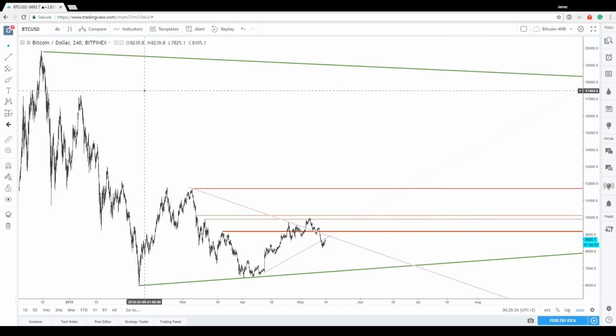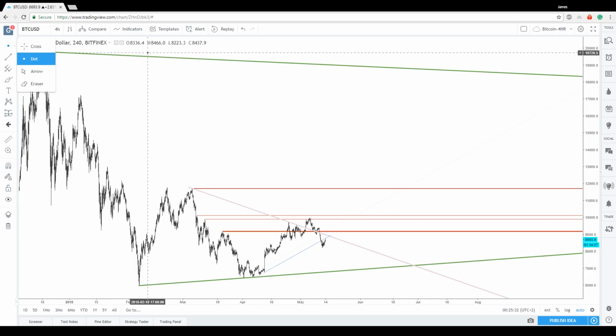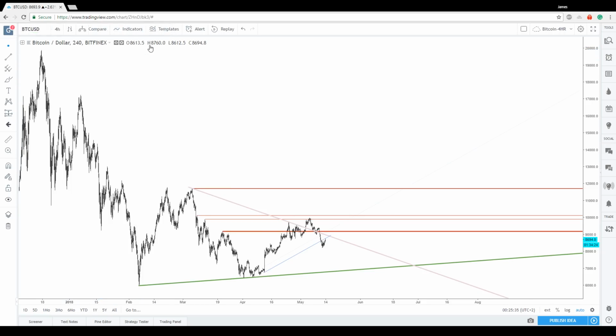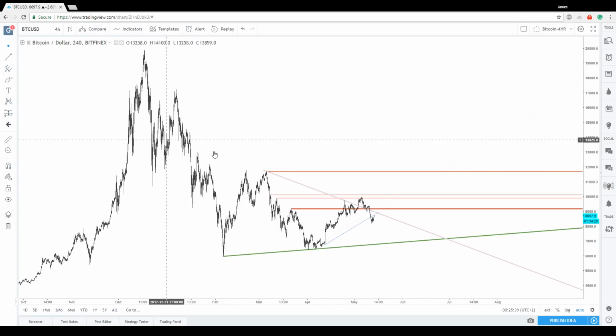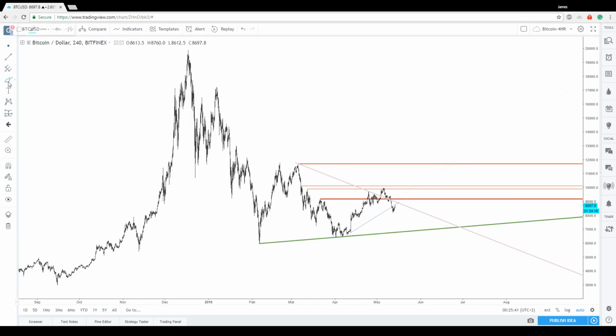Now, what this tells you is that as long as we maintain the green line structure, this price is going to take longer to resolve itself. And that is the essence of normalization after a bubble phase, and that is what we're undergoing. And what that's going to do is beat out a lot of people that are expecting this.